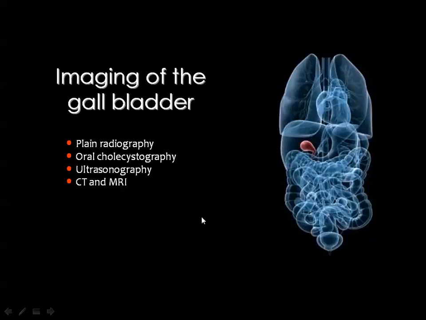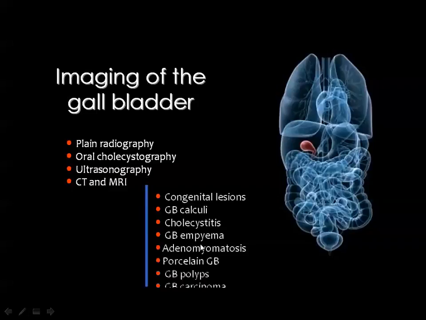The main imaging modalities include the plain X-ray, and this is an old technique known as oral cholecystography. And of course, ultrasound is one of the major tools for evaluation of the gallbladder, and sometimes we need the help of CT and MRI.